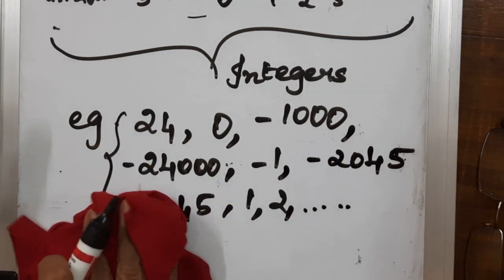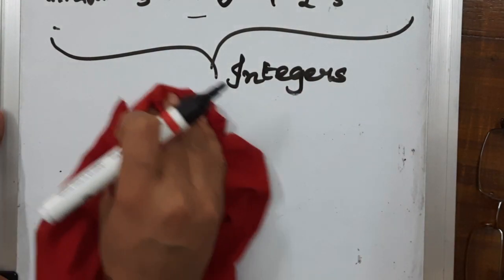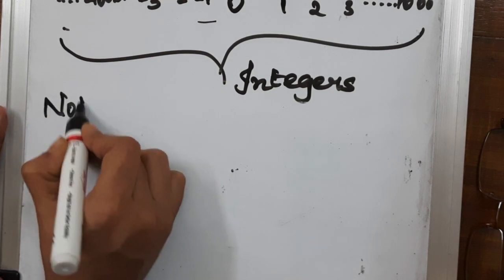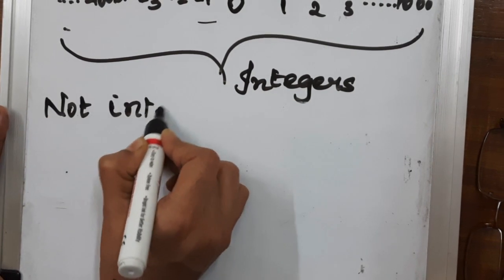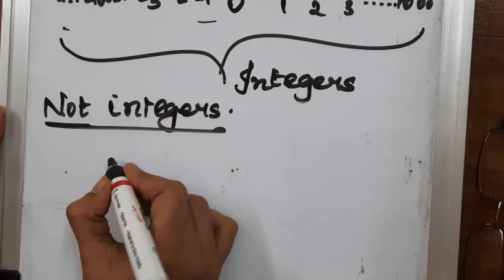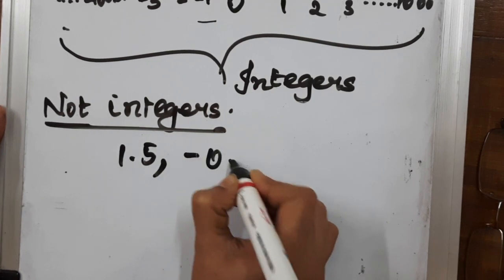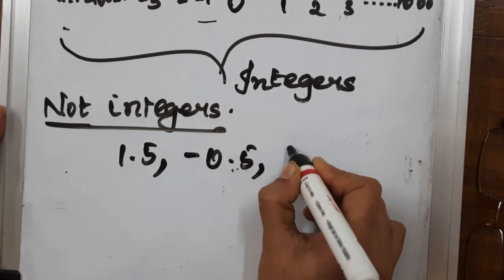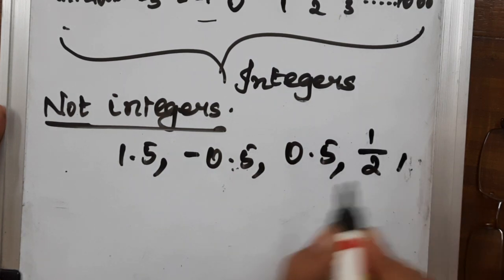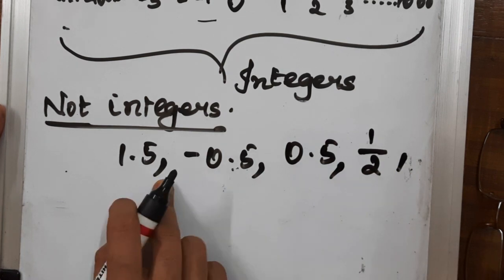Which are not integers? Examples for non-integers. 1.5 is not an integer, minus 0.5 is not an integer, or plus 0.5 is also not an integer. 1 by 2 is not an integer, because 1 by 2 is expressed like this.